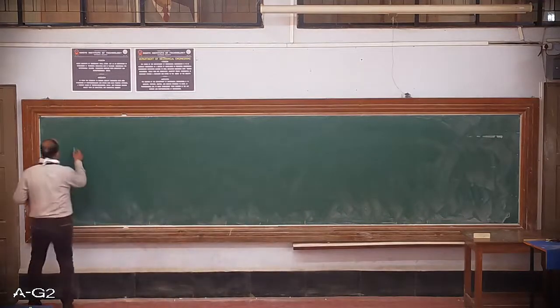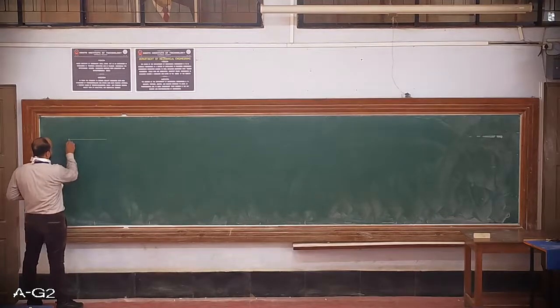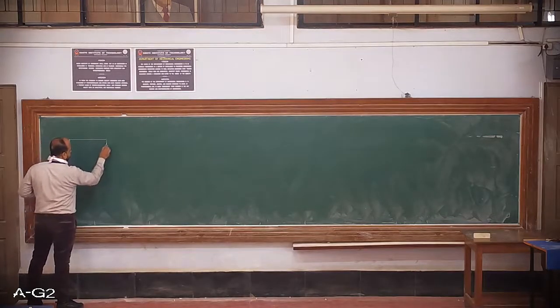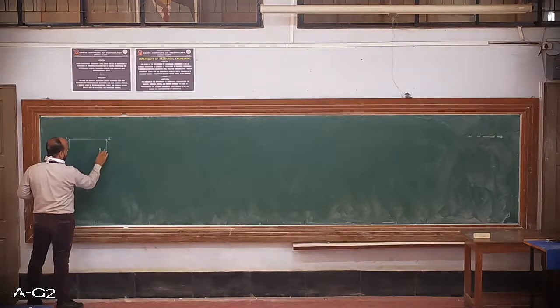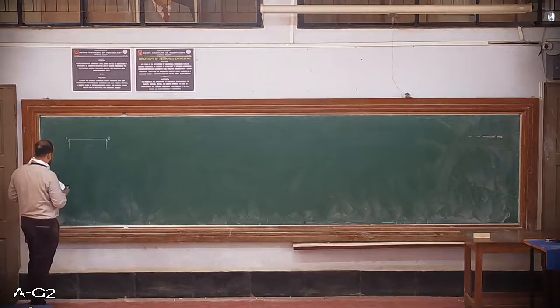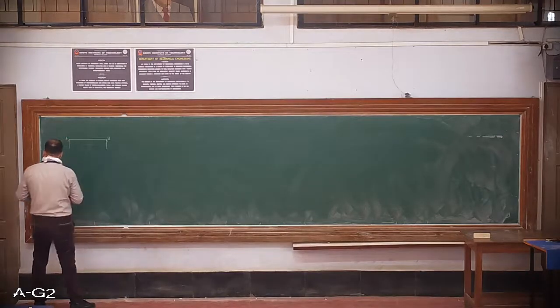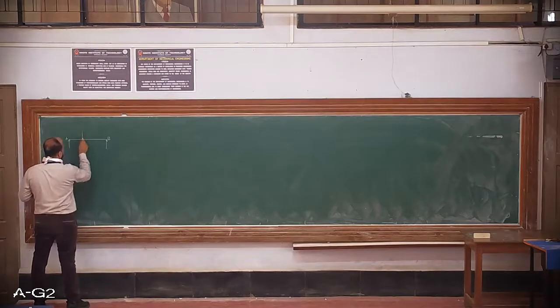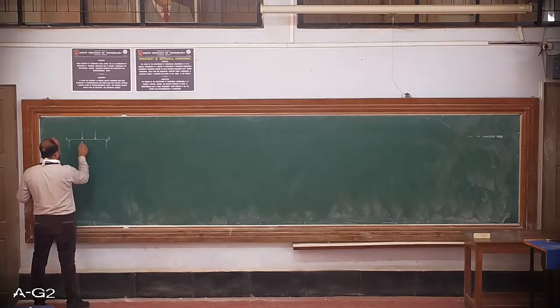It is simply supported beam. This is A, this is B. These are two supports, A and B. Okay. So there is one load here, there is one load here. C and D you can call. This is 20 kilonewton.